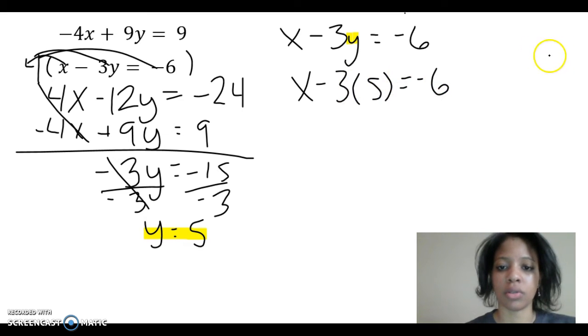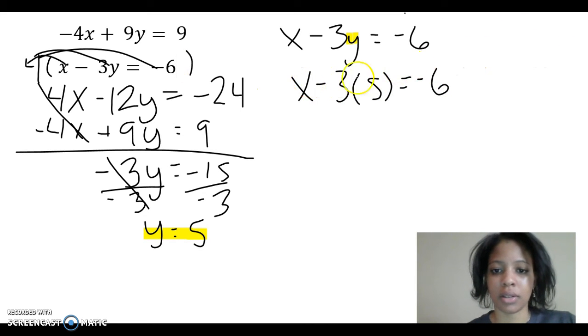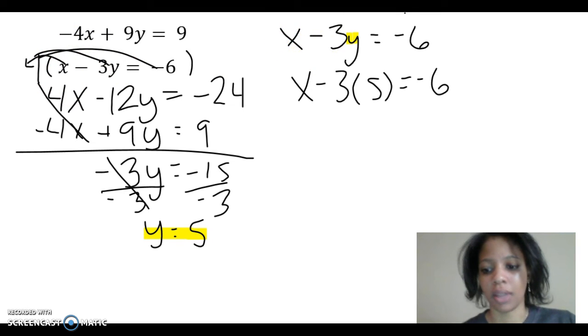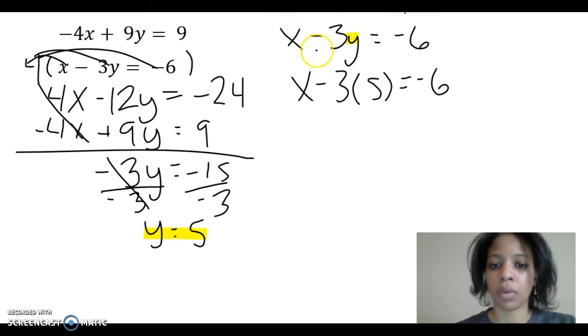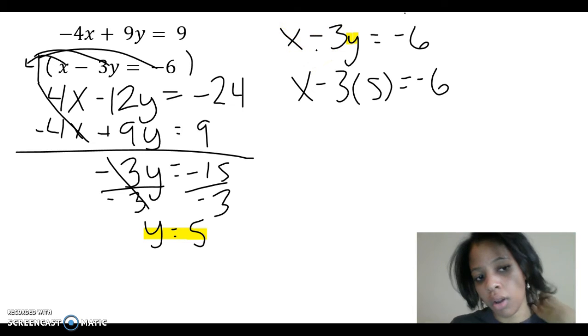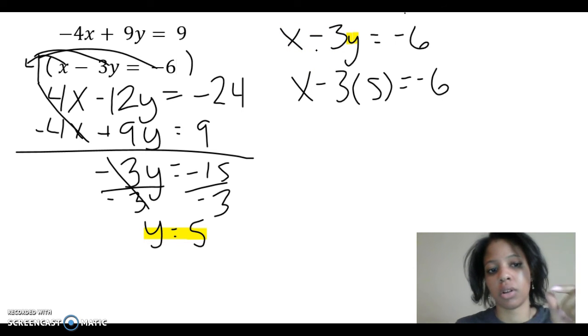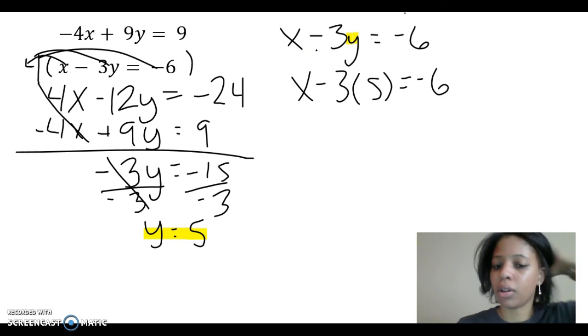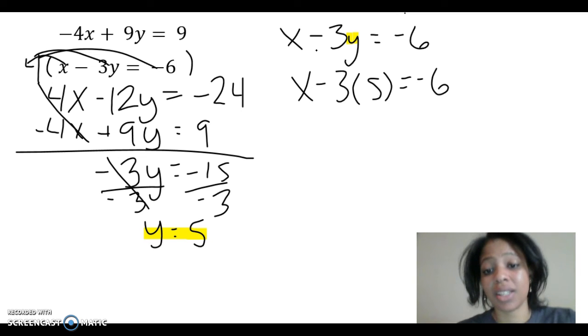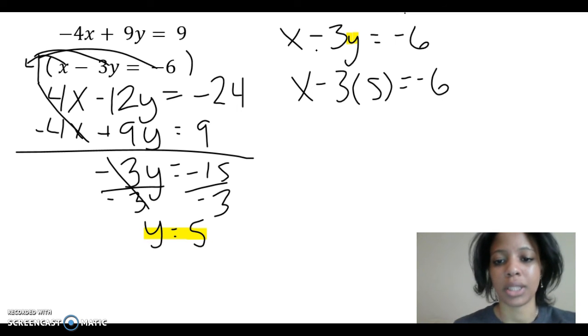And you guys, the reason I chose this equation is because I know I have my y value, so when I plug it in, I'm going to have my x's left to solve for. And this x is already by itself, so that means I'm not going to have to divide by anything at the end. So if you can think forward so that you're making a smart decision about which equation you're plugging in for, that would just save you a little bit of time in the end. It doesn't matter, but this one just saves you like one step.